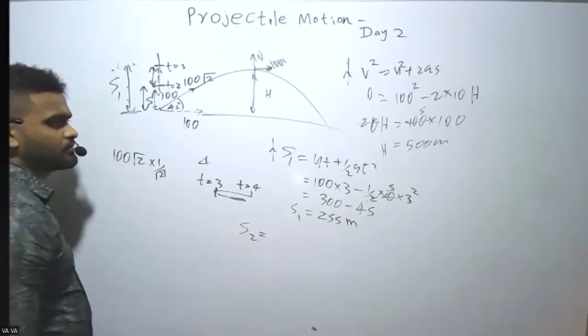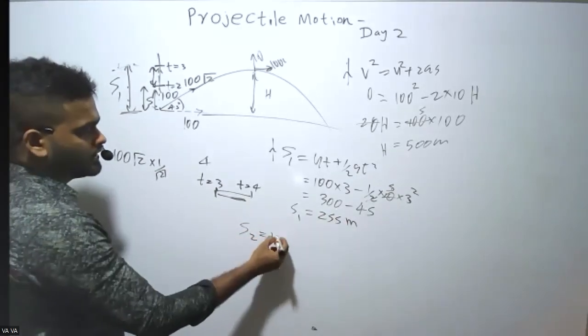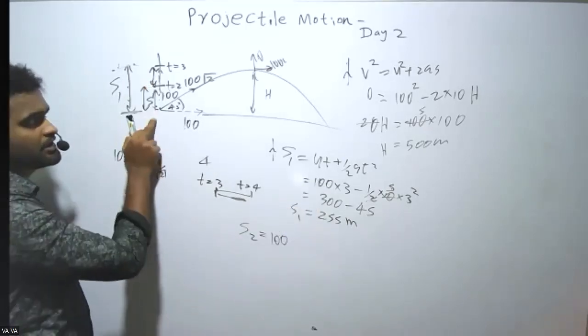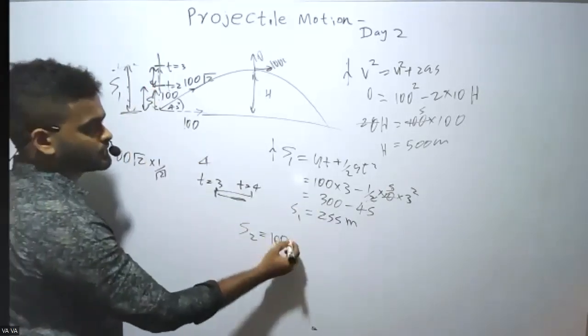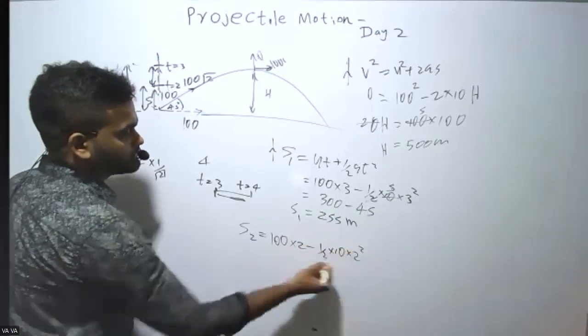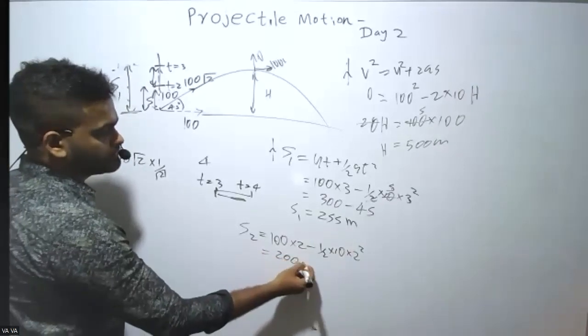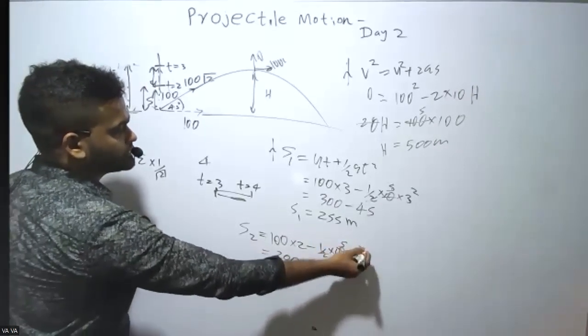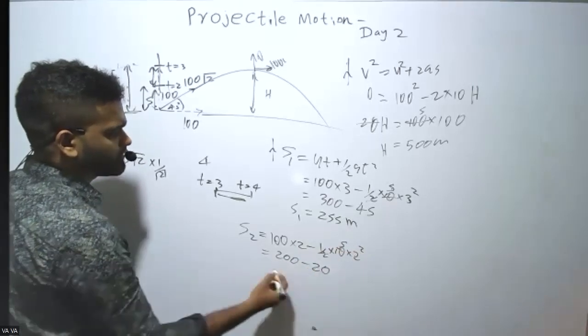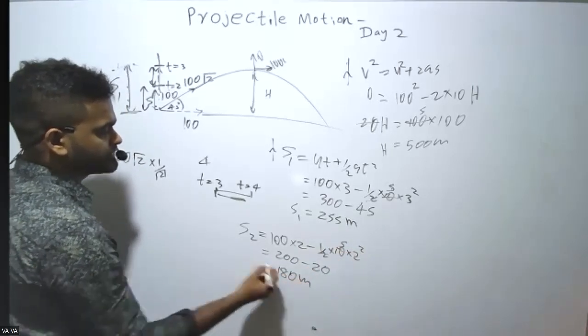Then apply the same equation to find S2. Initial velocity 100, but the time now is 2. From here to here, time is 2. Minus half of 10 times 2 squared. 200 minus 5 times 4 is 20. So 180 meters.